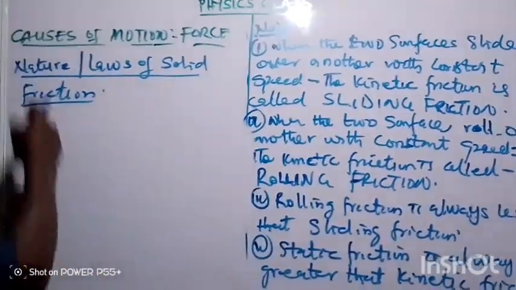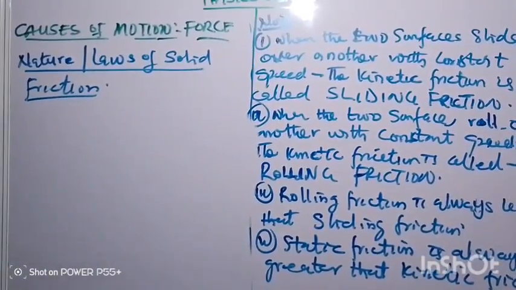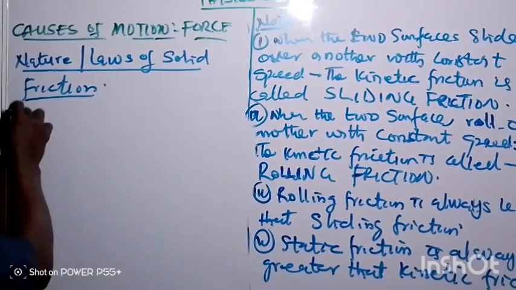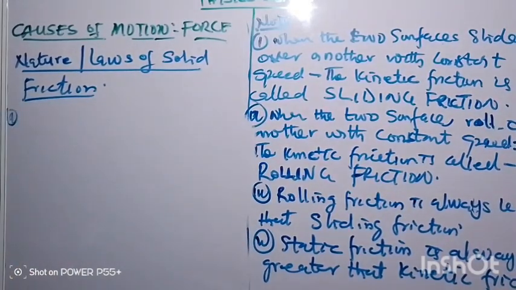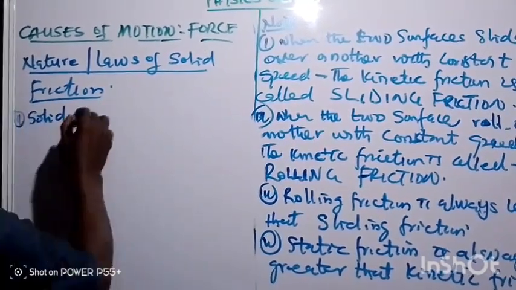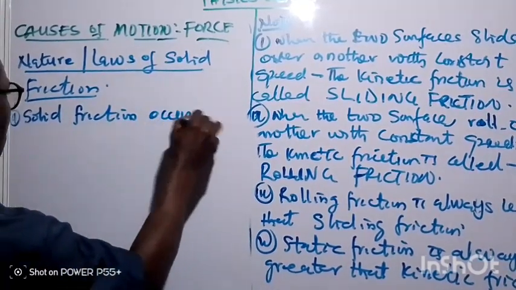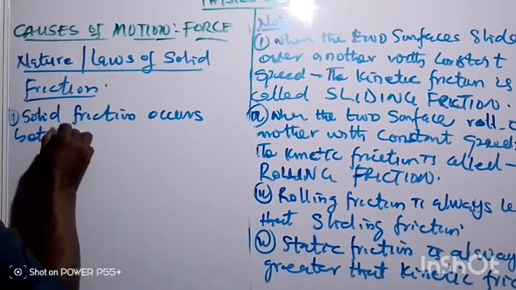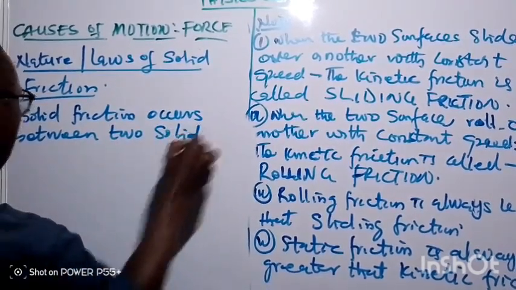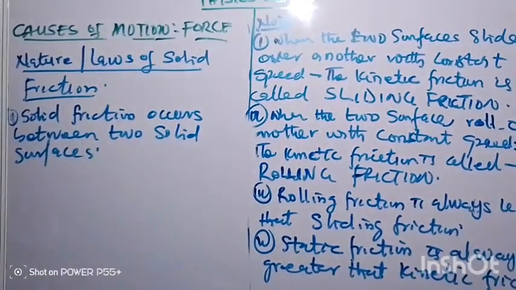The next thing is nature or laws of solid friction. We want to look at the nature or laws of solid friction. The number 1 we are going to look at is solid friction. As the name implies, solid friction occurs between two solid surfaces. That's number 1 law.